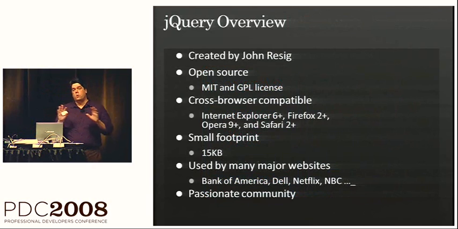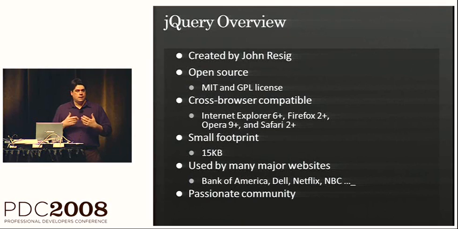All right, so some quick and necessary bullet points on jQuery. jQuery was created by John Resig. I first came across John Resig because he wrote a really great JavaScript book, which I read a while ago. It was one of the first books to really take JavaScript seriously as a programming language, and he dived into the details of it. He created jQuery about 2 years ago, in 2006, and it really took off after he created it.